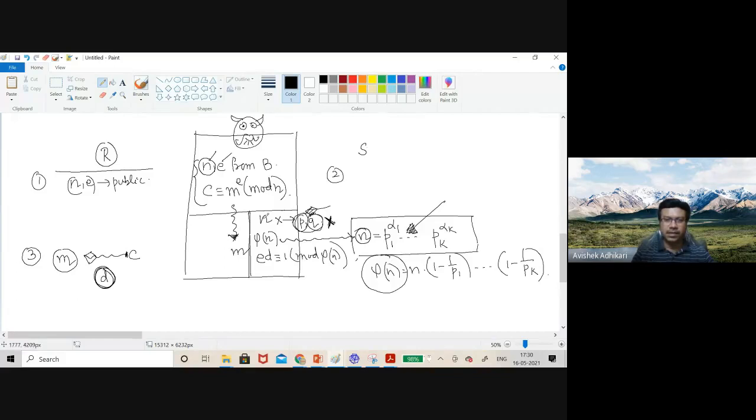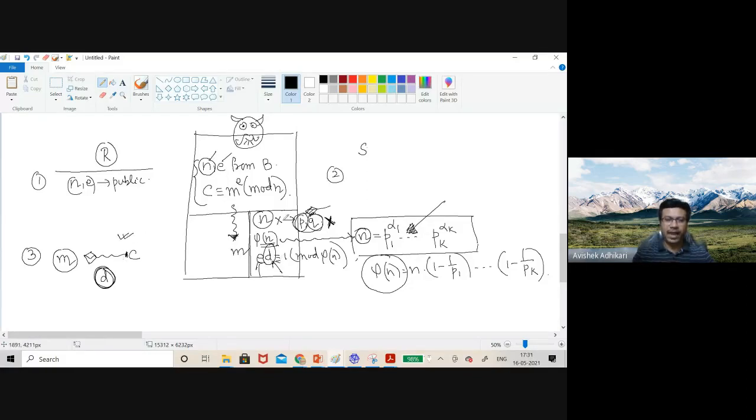As a result, from n, it is not very easy for the attacker to calculate phi n, and as he is not able to calculate phi n, it is also difficult for him to calculate D from E and N. Remember, once he gets the value of P and Q, he can very easily compute phi n, and once he can compute phi n, he can very easily compute by the extended Euclid algorithm the value of D, just like this girl.